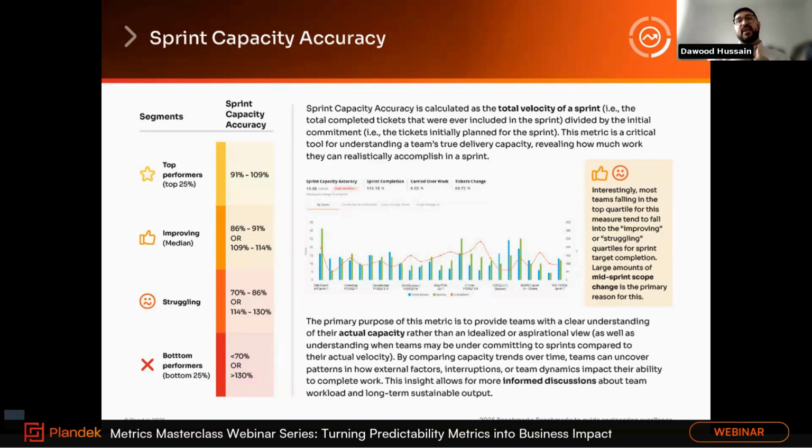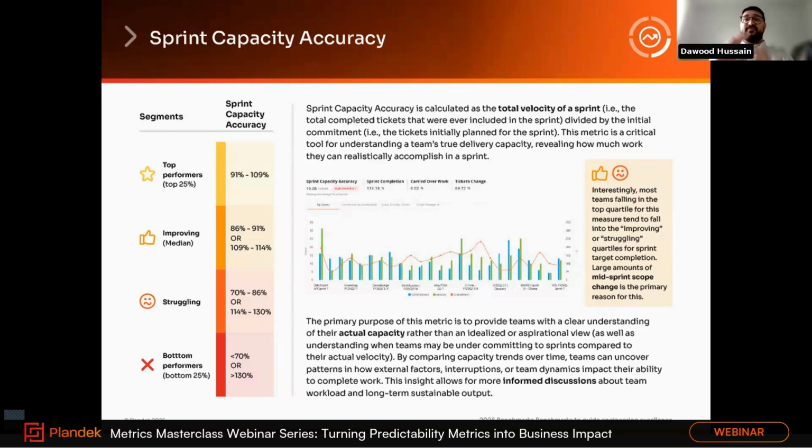And that means that teams are planning sprints with a realistic sense of what they can achieve. Too far above that range, and that suggests that teams are either underloading, playing it safe. They know that there's work added, that there's going to be scope being added into the sprint, and therefore the planning for that. And too far below that range suggests they're underloading.